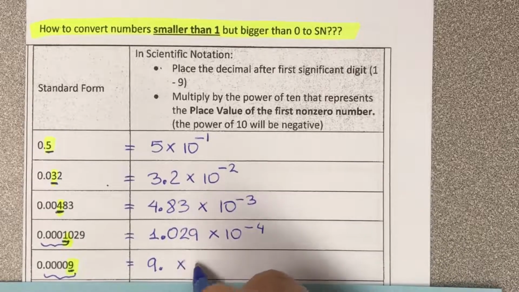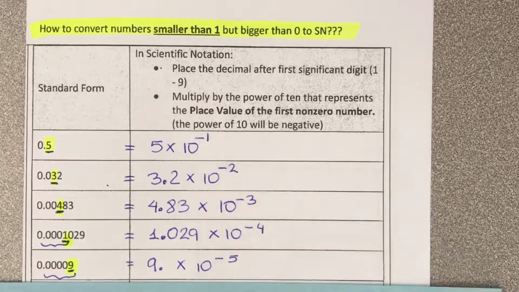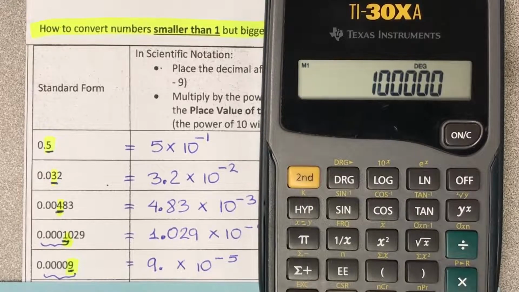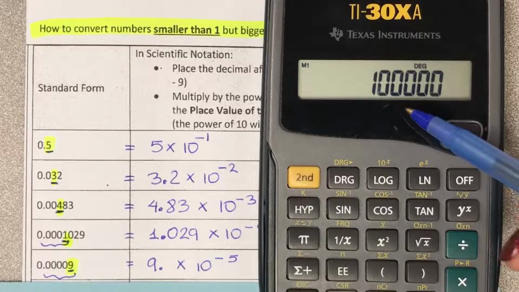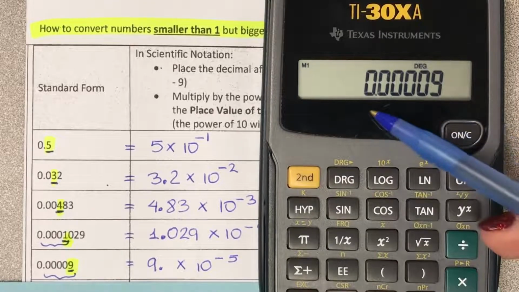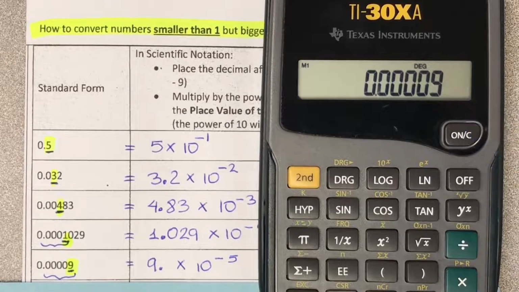And then times the power of 10 will be negative 5. That means if I divide 9 by 10 five times, I'm going to get that number. So let's see here, 9 divide by 10, divide by 10, divide by 10, or I can divide by 1 with 1, 2, 3, 4, 5 zeros. That's 100,000 equals, and here's my original number, 1, 2, 3, 4, 5 digits behind the decimal, with 9 being the last.